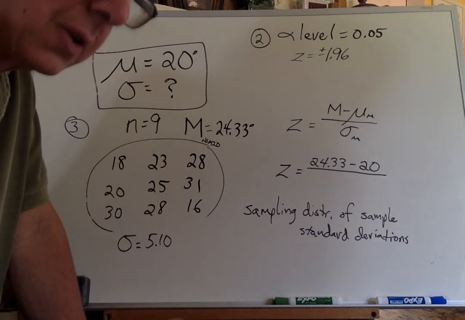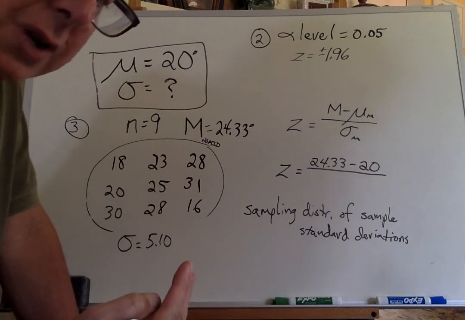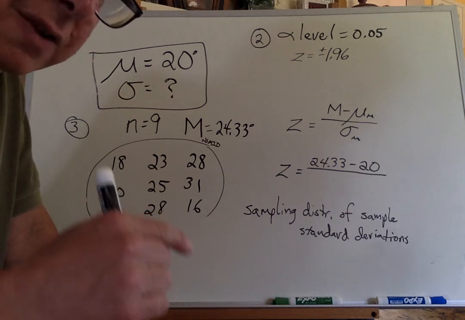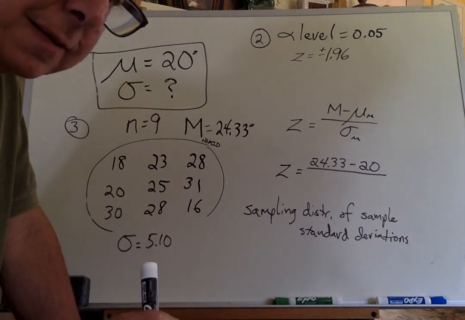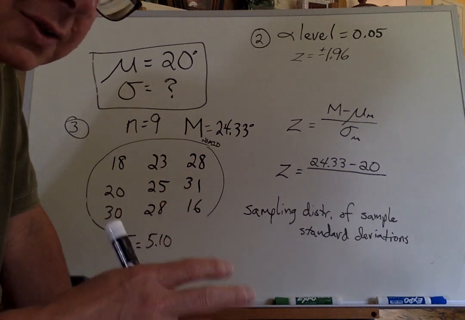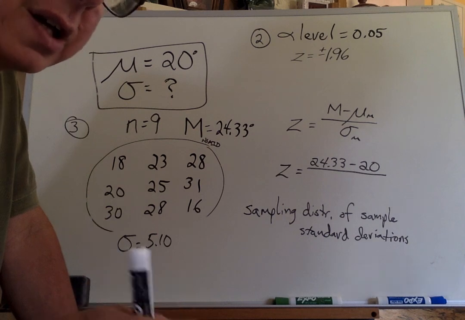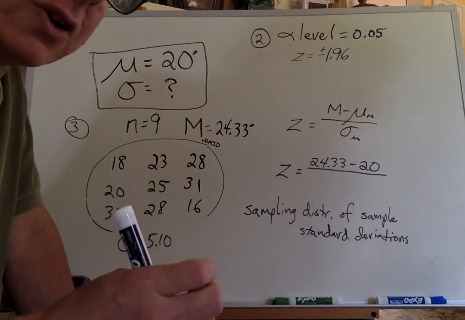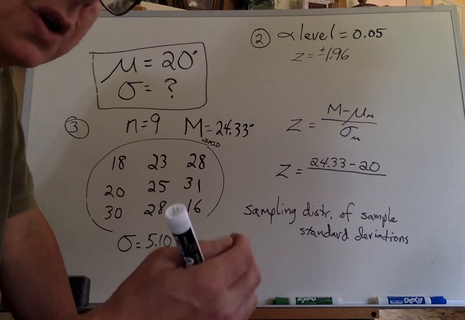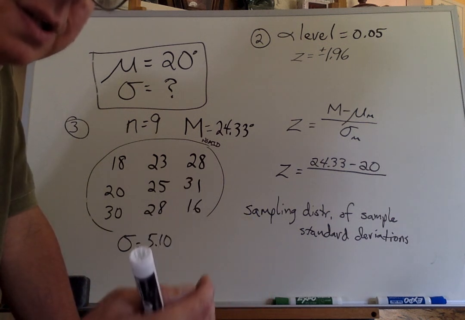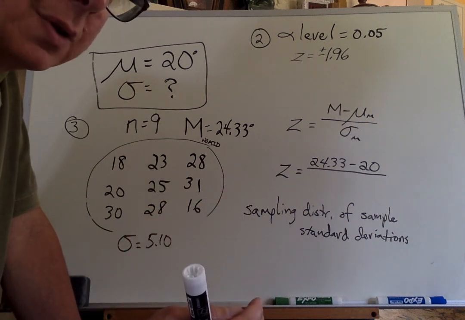Standard deviations from samples tend to underestimate the standard deviation of the population from which the samples were taken. I'll say it again, and I'll say it more slowly. But I want you to think before you write, okay? The standard deviation of a sample tends to be smaller, tends to underestimate the standard deviation of the population from which it came.